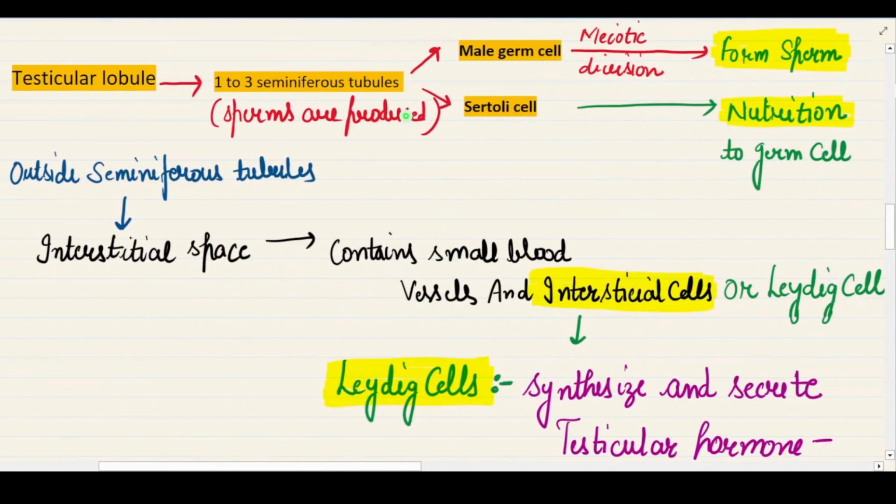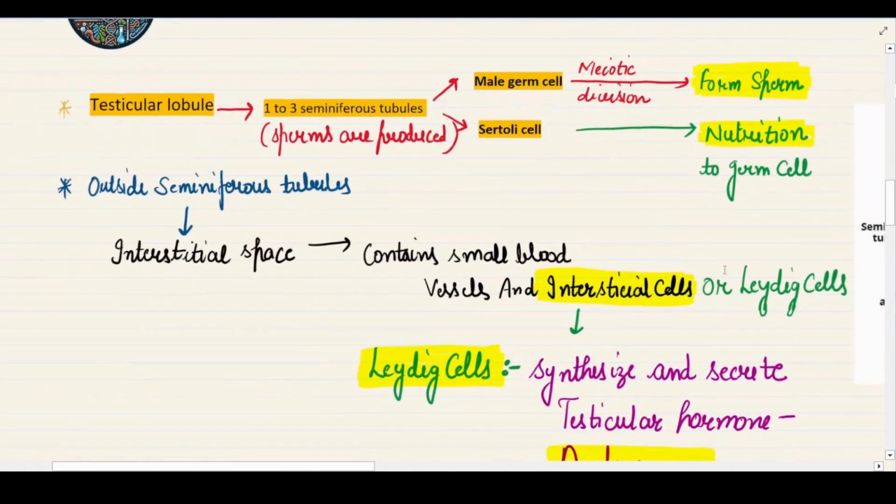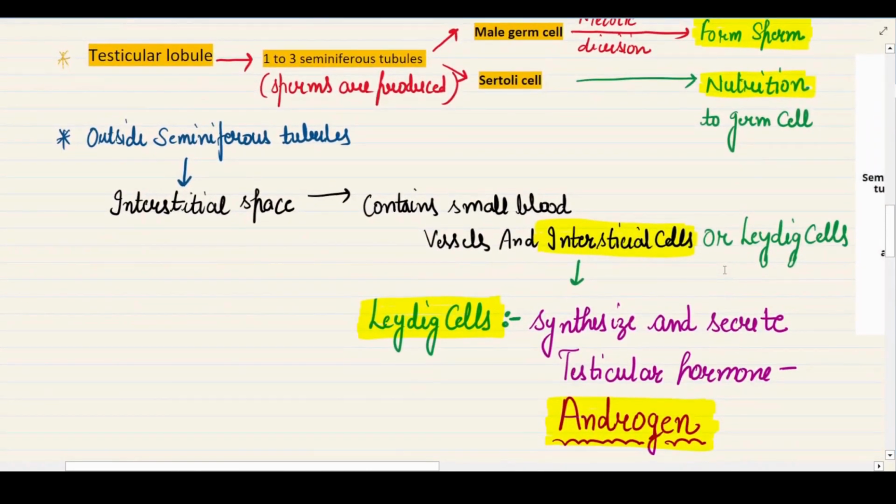They synthesize and secrete a special testicular hormone called androgen. This is the first testicular hormone, released by the testis, and synthesized by the Leydig cells. This is very, very important.